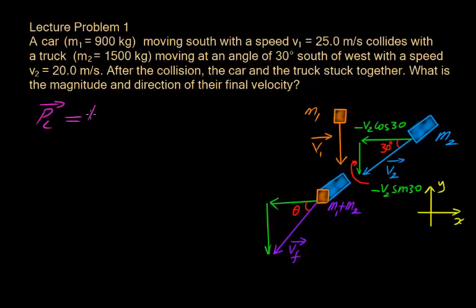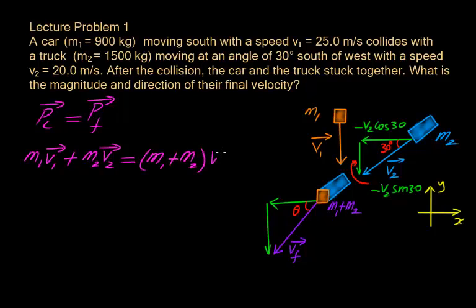The momentum before the collision must equal the momentum after the collision. Before the collision, we have the mass m1 moving with the velocity v1 plus the mass m2 moving with the velocity v2. Immediately after the collision, the two objects stick together and move with a common velocity v final.